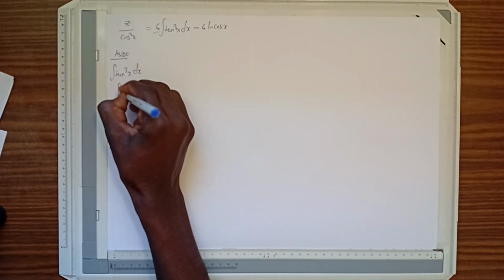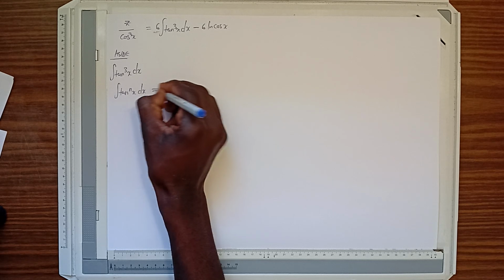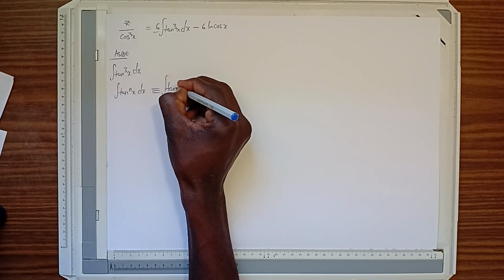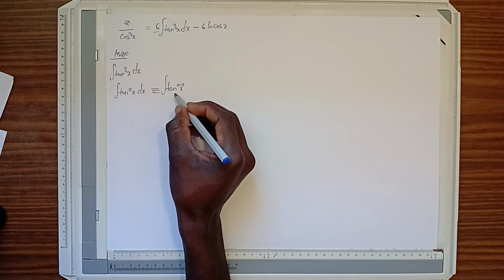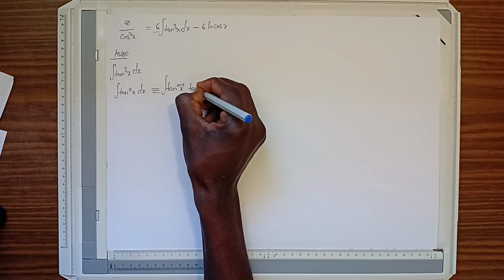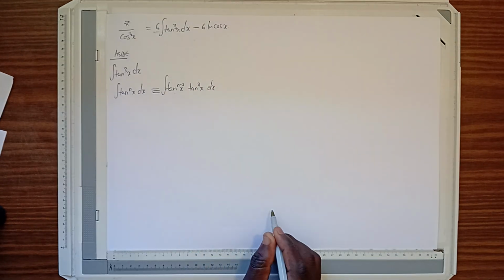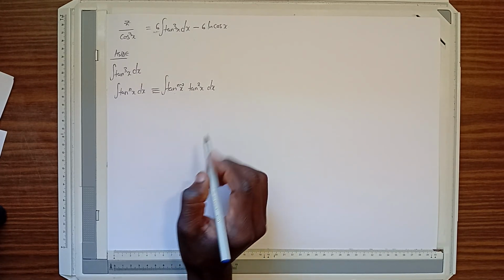So we formulate the integral of tan to the n of x dx as identical to the integral of tan to the n of x. We introduce a negative 2, so it's now tan to the n minus 2 of x times tan squared of x dx. Now we introduce the identity of tan squared of x.